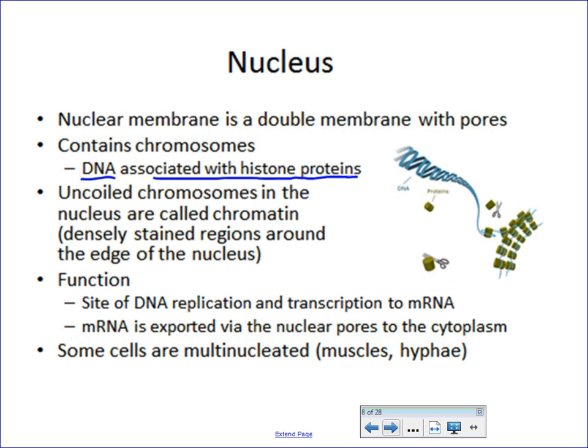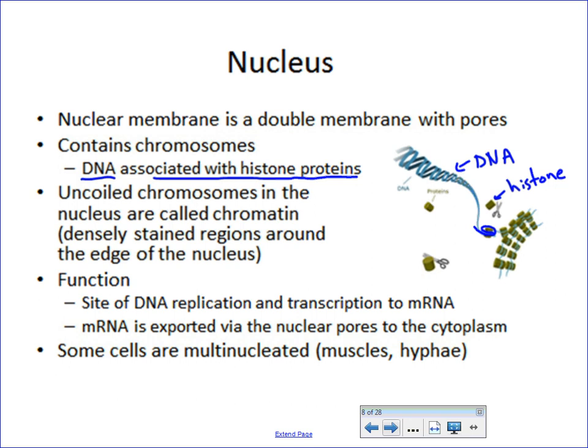In the diagram, the DNA is represented by these blue wavy lines, and then the histone proteins are these yellow cylinders. And so the DNA will wrap itself around the histone protein to form these chromosomes. So you'll have a whole bunch of histone proteins with the DNA wound around them to form those chromosomes.